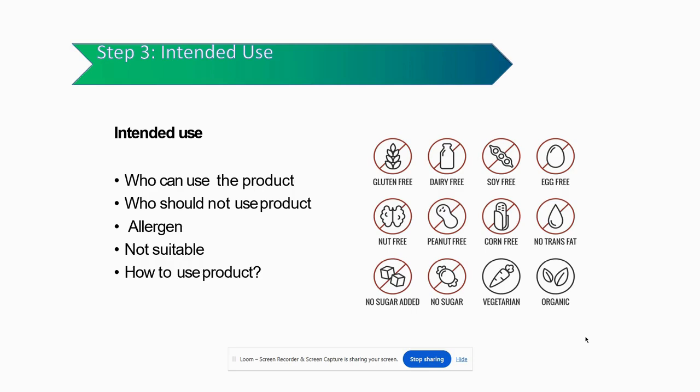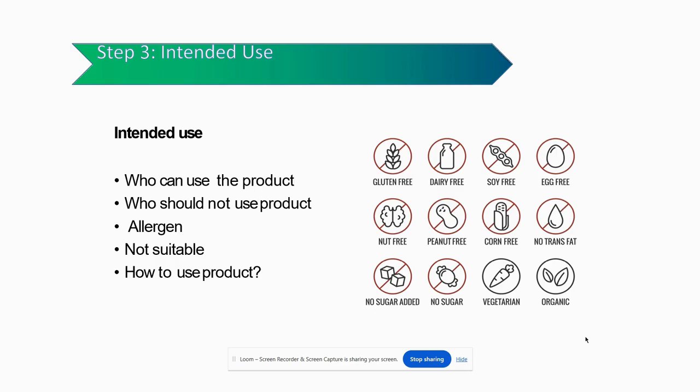Next one is development of the process flow diagram. This process flow diagram is with respect to the product. Say, for example, in the same manufacturing facility they may produce different products, but the process flow diagram may not be the same.